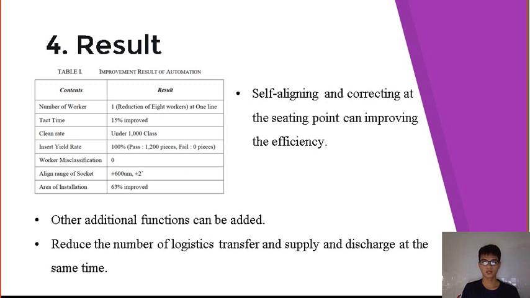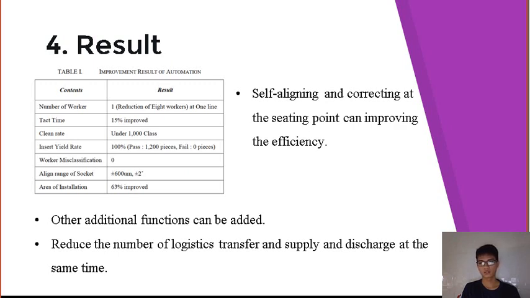Self-aligning and correcting at the setting point can eliminate this process, improving the efficiency. In general, the SCARA robot has a much faster transfer speed than orthogonal or articulated robots, so other additional functions can be added while improving overall system efficiency.